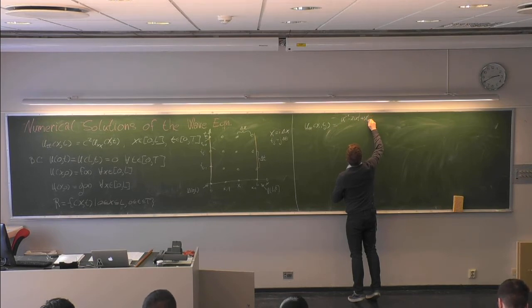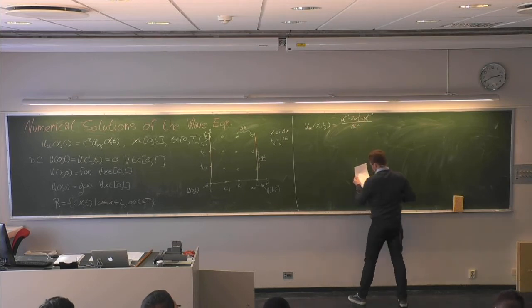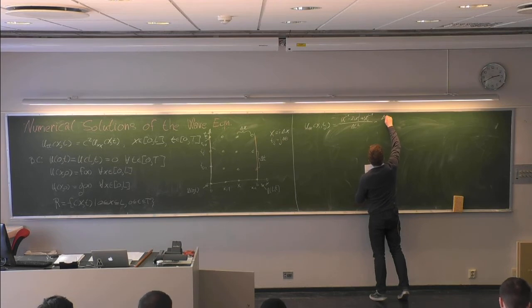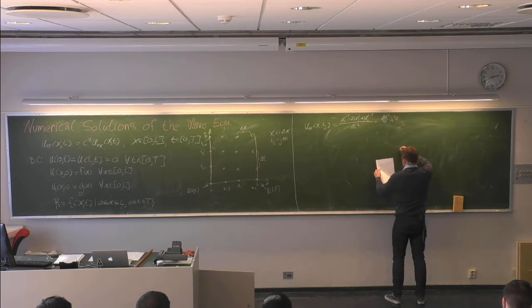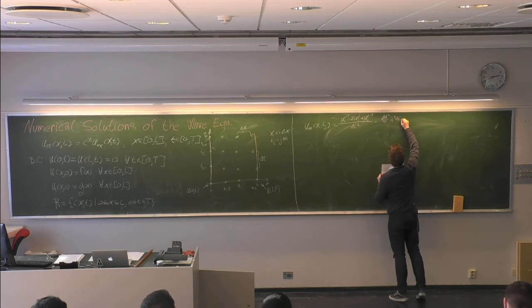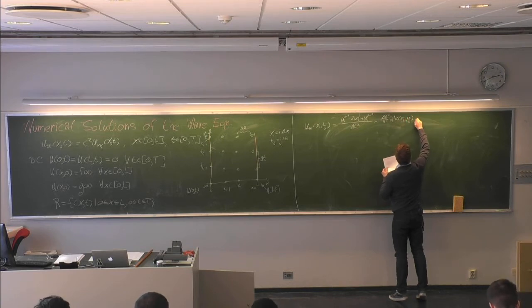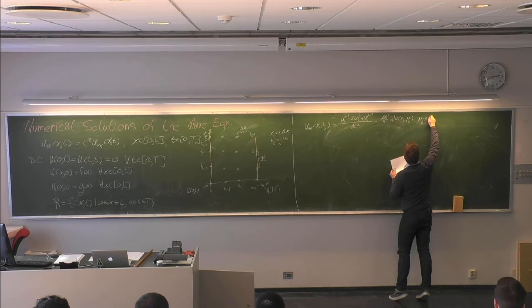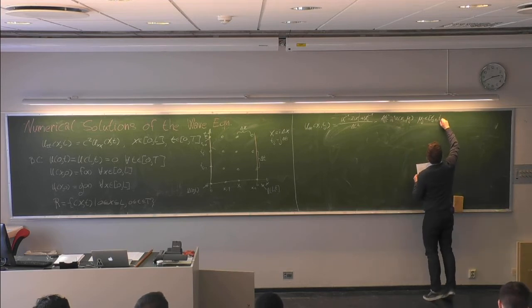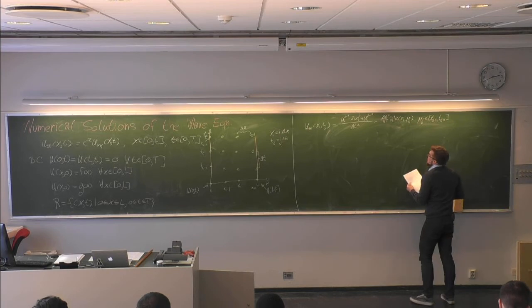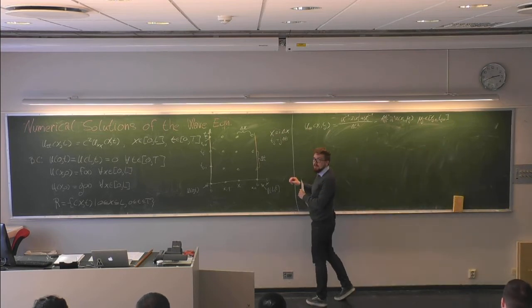Minus 2u_{i,j} plus u_{i,j-1}, divided by delta t squared, minus delta t squared over 4 factorial times d_t^4 of u at x_i, where the second argument should be inside the interval t_{j-1} to t_{j+1}, like so.